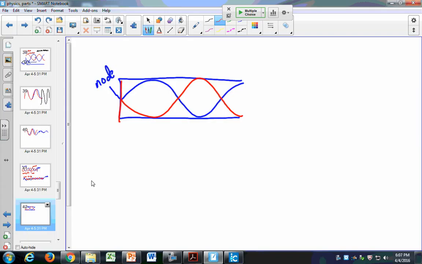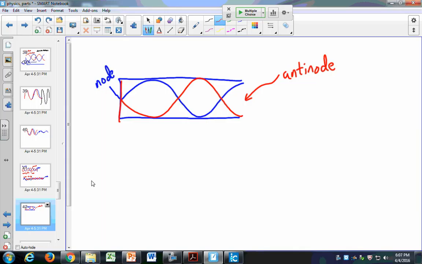But when you have an open tube like this, you get a node at one end and an antinode at another end. So that would be like this. This is a tube that is closed on one end and open on another end. And let me get the thing out. We'll talk about the resonance and how it works.